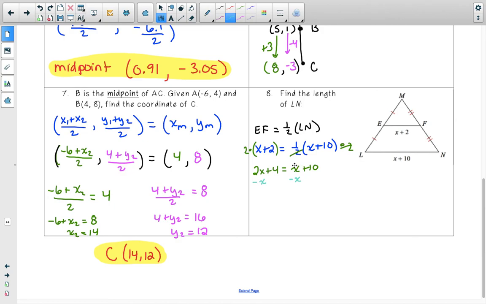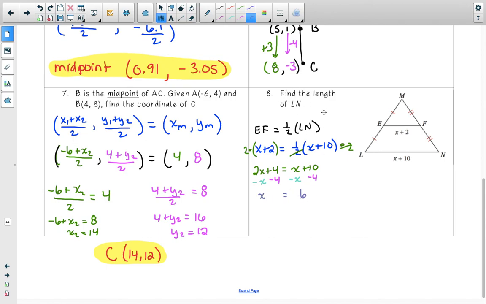Since I moved from right to left, I want to take my 4 and move it to the left-hand side. So I'll then subtract 4 on both sides as well. So we'll get 2x minus x is 1x. 4 minus 4 is 0, equals x minus x is 0. 10 minus 4 is 6. So we get x is equal to 6.